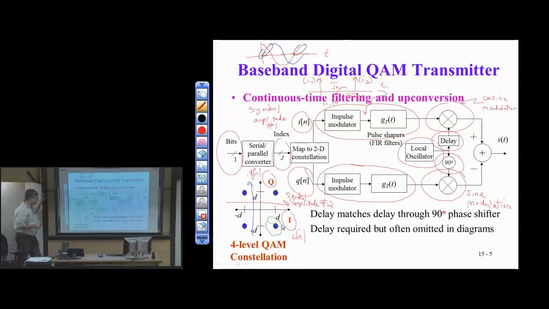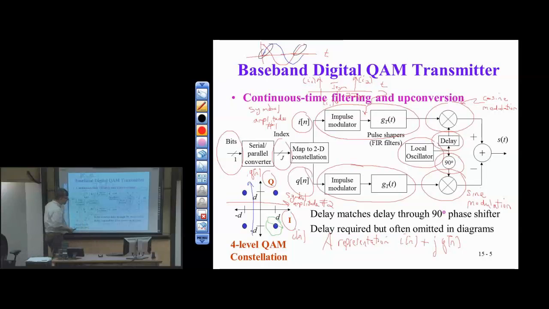Another way to represent that is as a complex value. So a representation here is really you thinking of it as the in-phase component here is the real value, and the quadrature component here is the imaginary value.